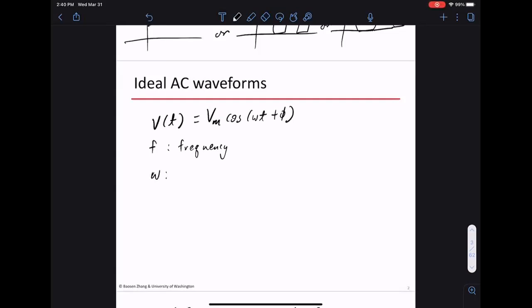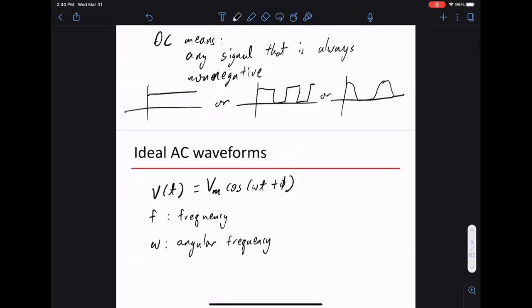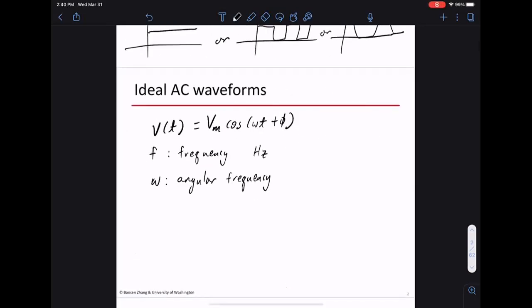This omega is a Greek symbol, the angular frequency. Frequency is measured in hertz, and angular frequency is measured in radians per second.